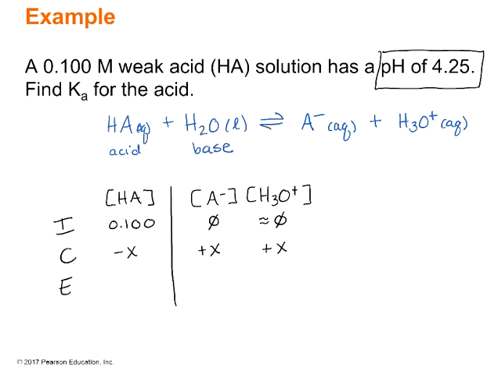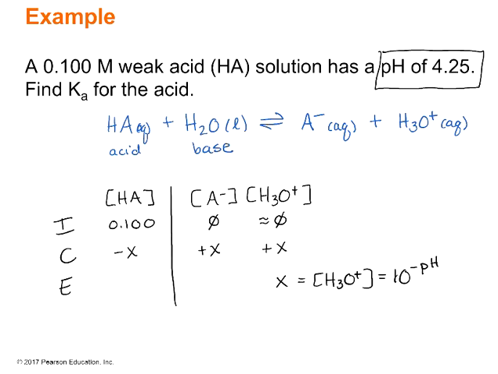So we can figure out the concentration of hydronium ions at equilibrium, which is X. So X, which is equal to the concentration of hydronium ions, can be solved for by using the inverse log equation that we saw last time.